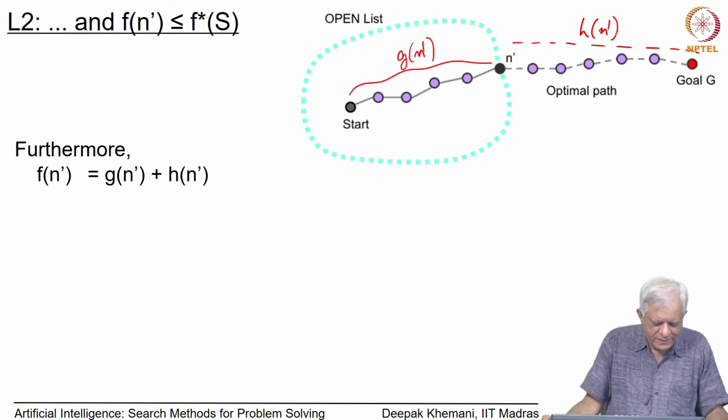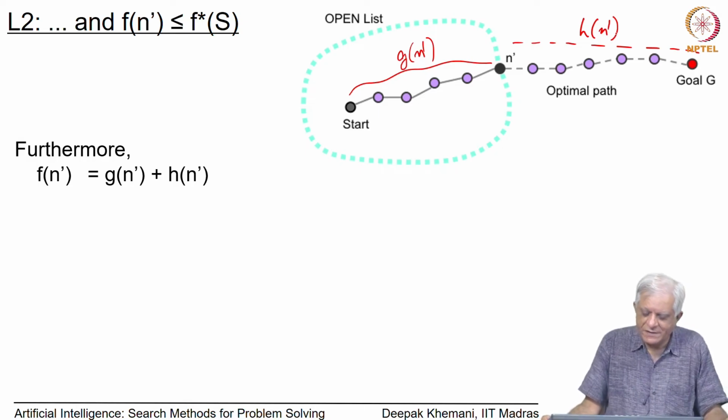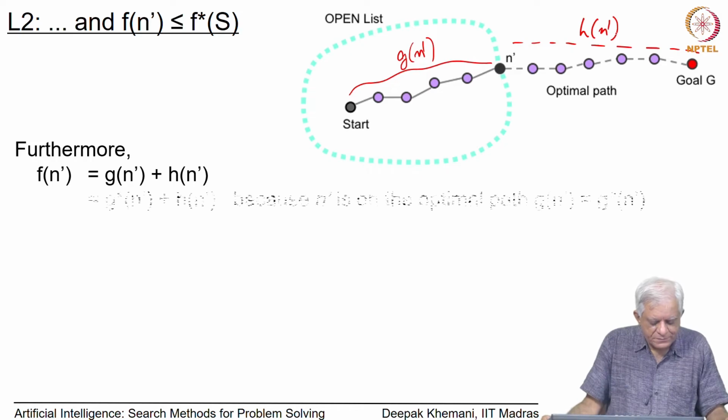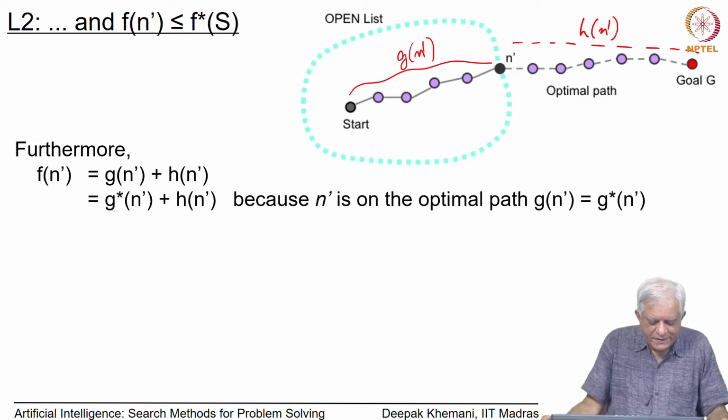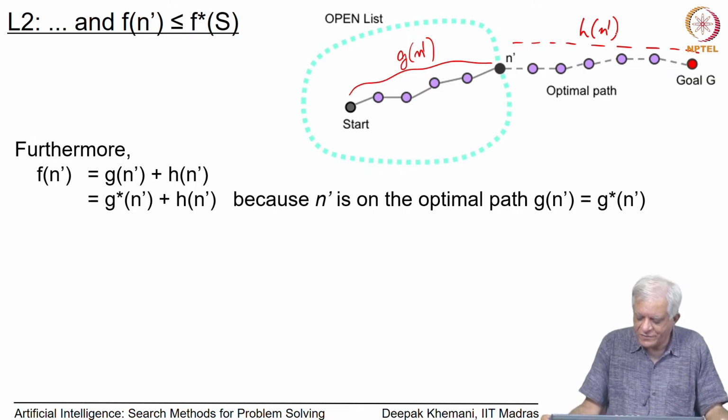We know that f of n prime is g of n prime plus h of n prime, by definition. Now, we can say that this is equal to g star of n prime plus h of n prime, because n prime is on the optimal path, and therefore g of n prime will be equal to g star of n prime.